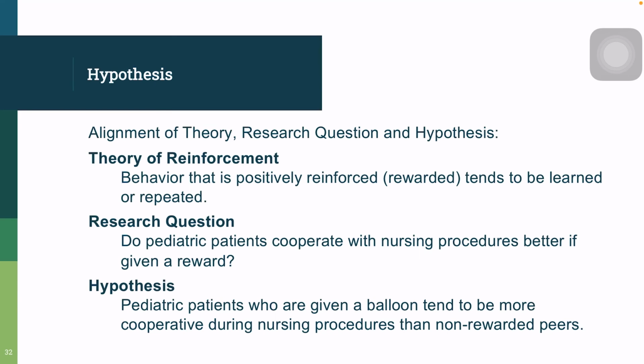For our research question: do pediatric patients cooperate with nursing procedures better if given a reward? For our hypothesis: pediatric patients who are given a balloon tend to be more cooperative during nursing procedures than non-rewarded peers.